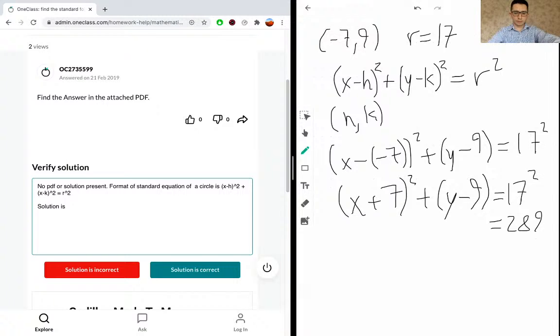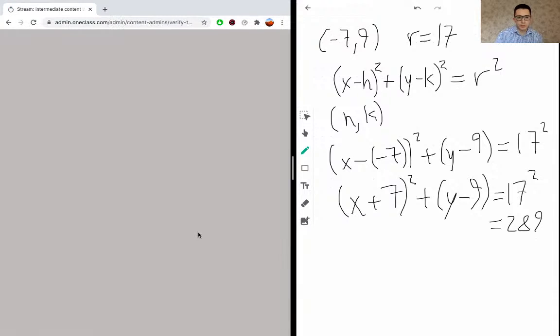The solution is, as we solved, (x plus 7) squared plus (y minus 9) squared equals 17 squared, which equals 289. Okay, so here the solution is not correct. There's no solution, so we provided the correct solution.